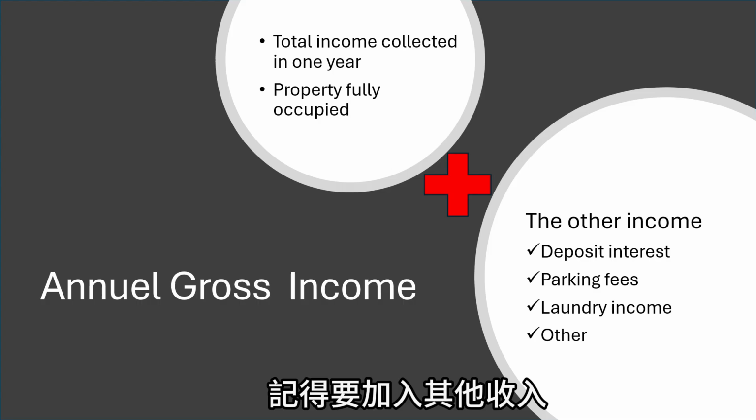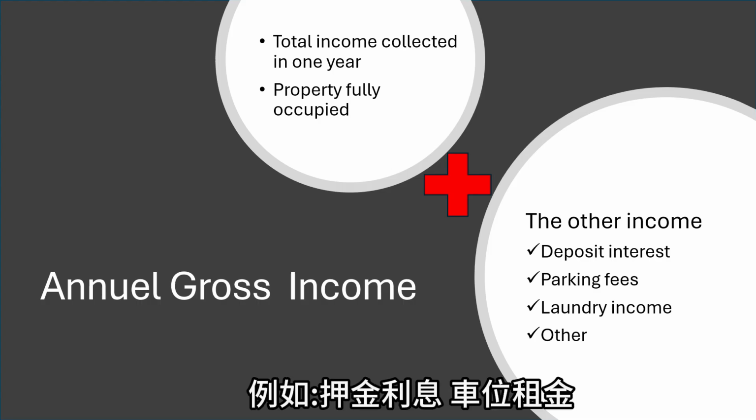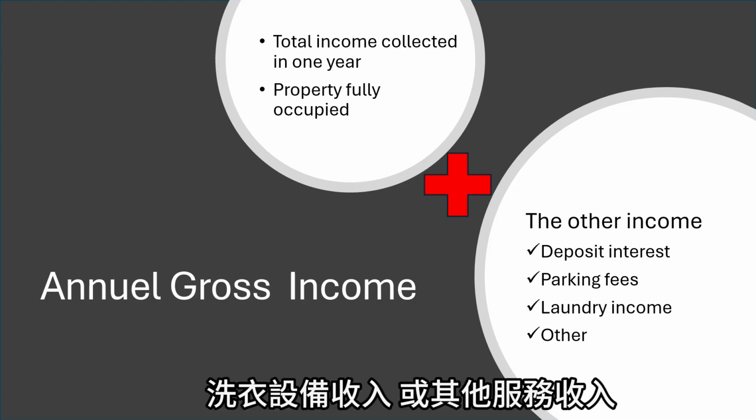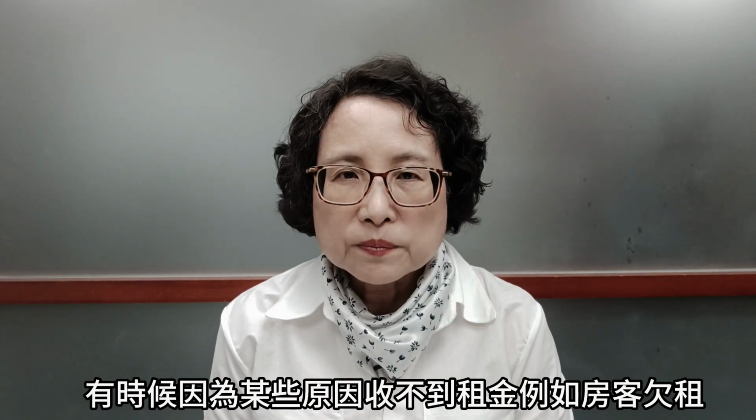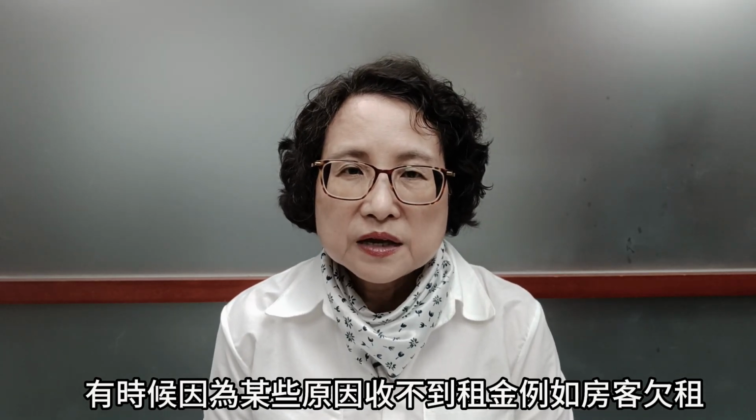These could include things like deposit interest, laundry income, parking fees, or other service charges. Next, you need to account for vacancy and credit loss. In reality, units aren't always rented, and sometimes tenants don't pay. It's very common to deduct about 5% to 10% of total income depending on the market.